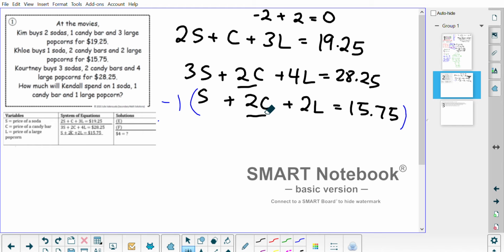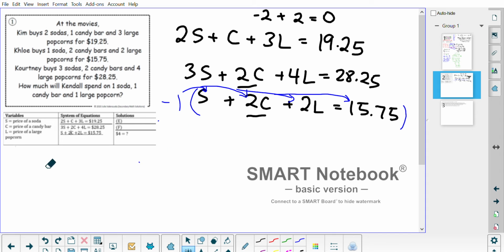So if I want to eliminate these 2c's, one of them needs to be negative. In order to do that, I can multiply the last equation by a -1. If I do that, everything here, their signs are going to change.